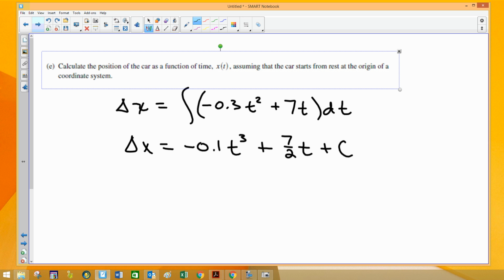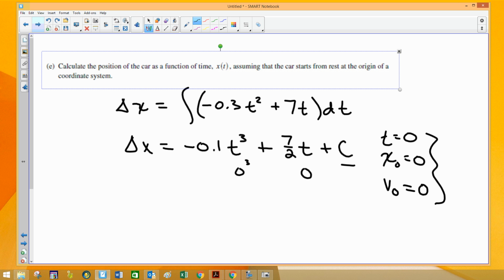But we were told that when time is 0, position is 0, and the initial velocity is 0. So using these initial conditions, we're able to calculate c. So when time is 0, I get 0, so c equals 0.